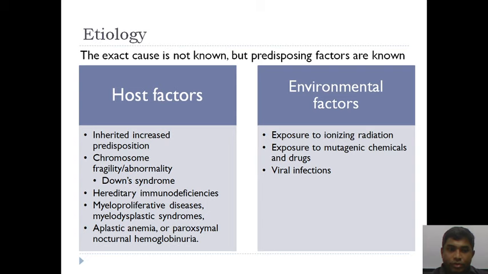So these are the factors which are intrinsic to the individual. There are also certain extrinsic factors or environmental factors which are independent of the particular individual. This includes exposure to ionizing radiation, exposure to mutagenic chemicals and drugs. This could be a variety of chemicals including benzene, and certain viral infections.